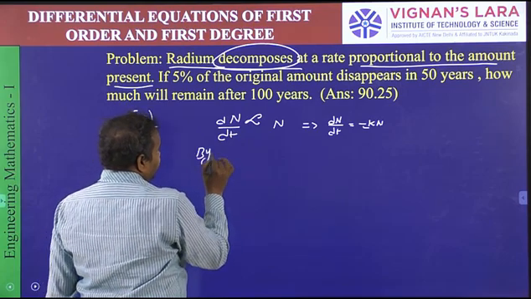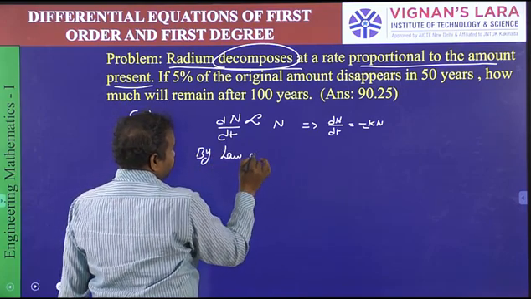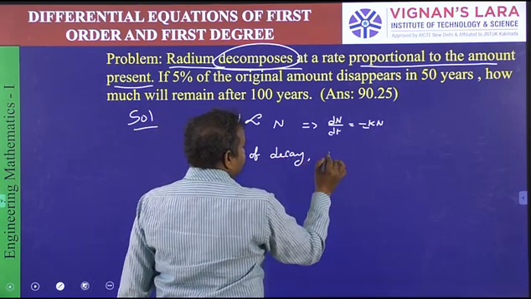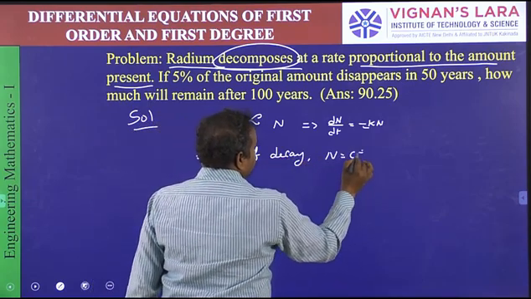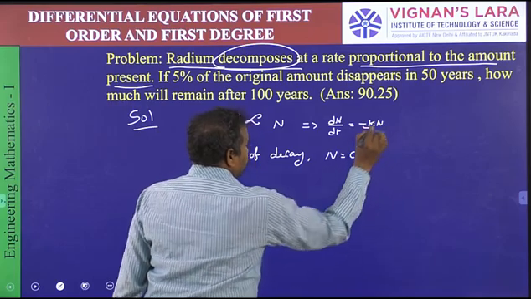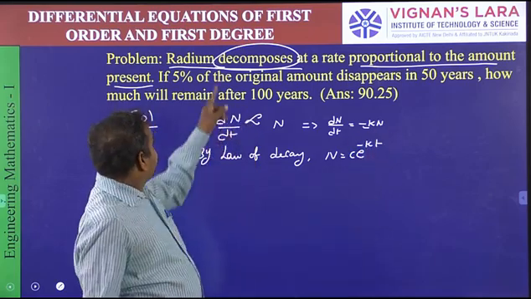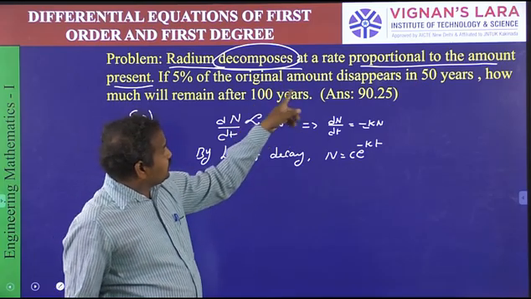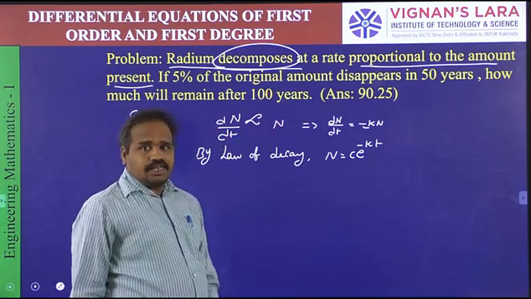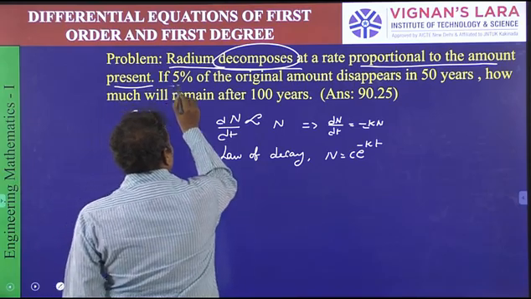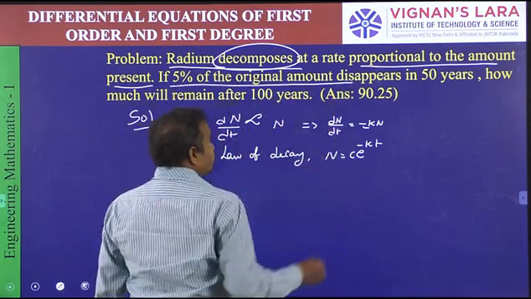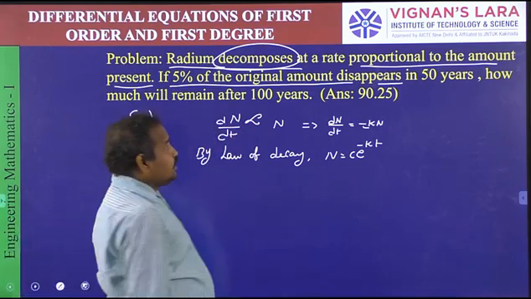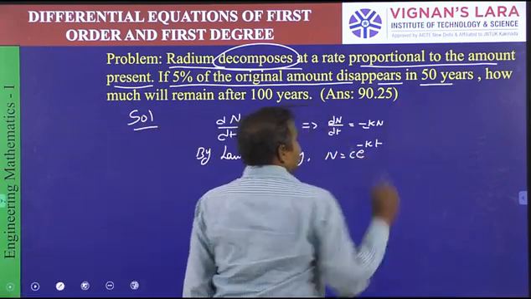By the law of decay, what is the formula for this? N is equal to C into e power minus kt. By using the given condition, or the given data, we have to calculate. Here, 5% of the original amount disappears in 50 years.